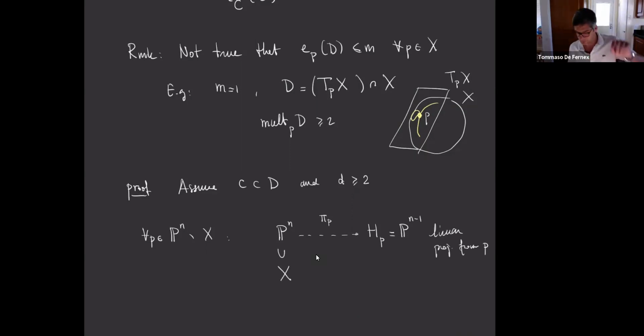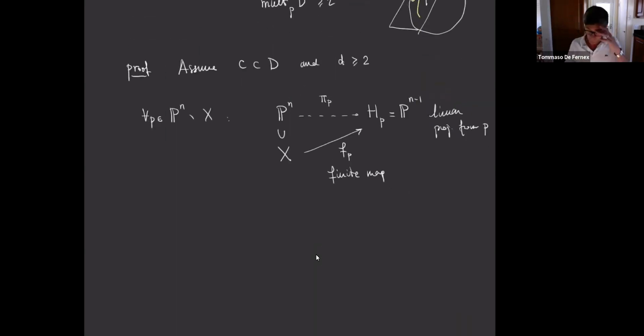Because I pick the point of projection away from X, the induced map f_P is a finite map. It cannot contain any positive dimensional fiber, because all the fibers are P1s that go to the point P, but P is not in X, so there are no such fibers. So this is just fine. Finite map of degree d.